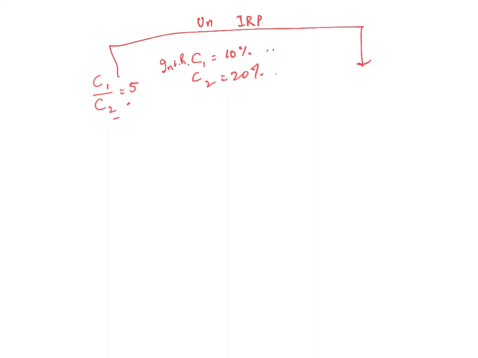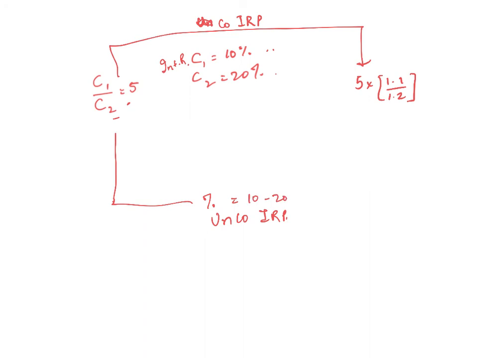We know that it is going to be 1.1 upon 1.2. Now let's talk about the uncovered interest rate parity, where we know the appreciation percentage is going to be 10 minus 20, equal to minus 10%. So it's going to be falling by 10%.